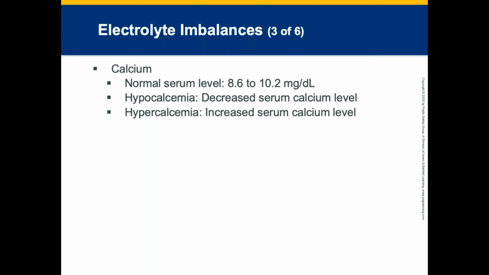Some causes include the following: decreased calcium intake or absorption, increased calcium loss, endocrine disease, and sepsis. Hypercalcemia is an increased serum level caused by increased calcium intake or absorption, endocrine disorders, neoplasms, and other miscellaneous causes that are out there.